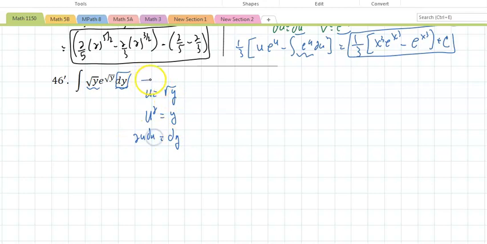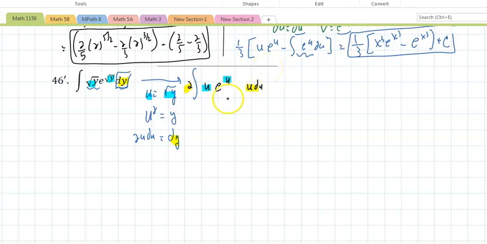2u du. And what that means, this is going to become the integral, and just so that I wouldn't lose track, I start with dy first. That is 2u du. And then, if I replace square root of y by u, I'm really looking at u e to the u.